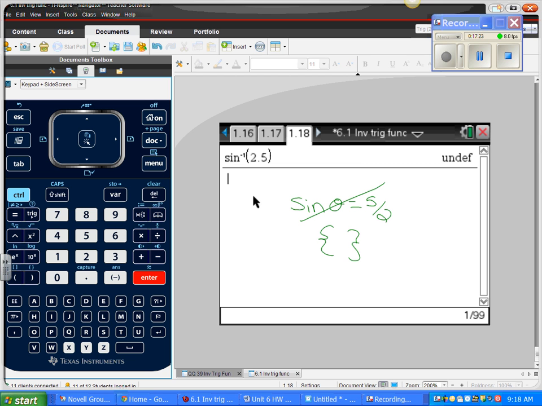Sine and cosine, notice I'm not saying tangent, will never be equal to a number that's larger than 1 or smaller than negative 1. Tangent, on the other hand, is different because we know tangent's range goes from negative infinity to positive infinity, so you can have larger solutions. Sine and cosine, you cannot. It does not exist outside of the range from negative 1 to 1.